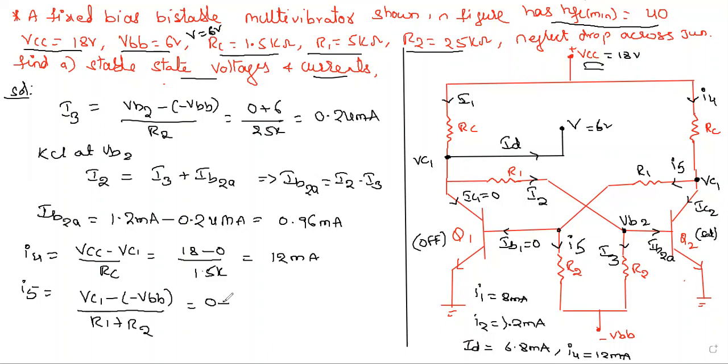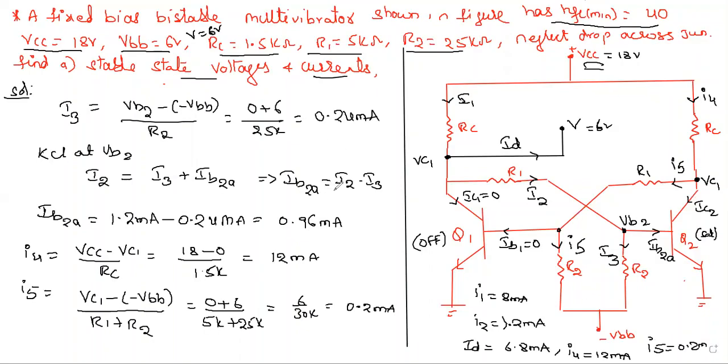VC1 is 0 plus VBB is 6, divided by R1 is 5K plus R2 is 25K. So 6 by 30K, 1 by 5. So it is 0.2 milliamps. Okay, even this value we came to know. So I5 is 0.2 milliamps.